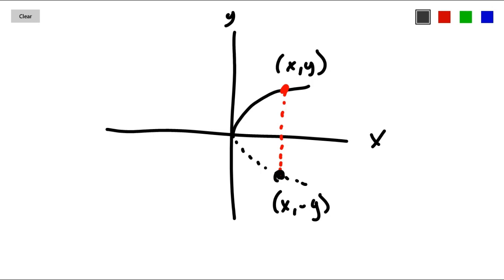And if a graph is symmetric about the origin, then it would be symmetric about both the x and the y-axes. And that point that's symmetric about the origin is going to be (negative x, negative y).